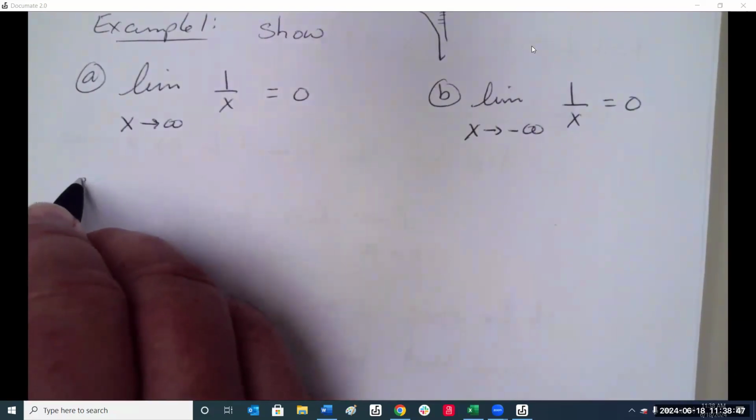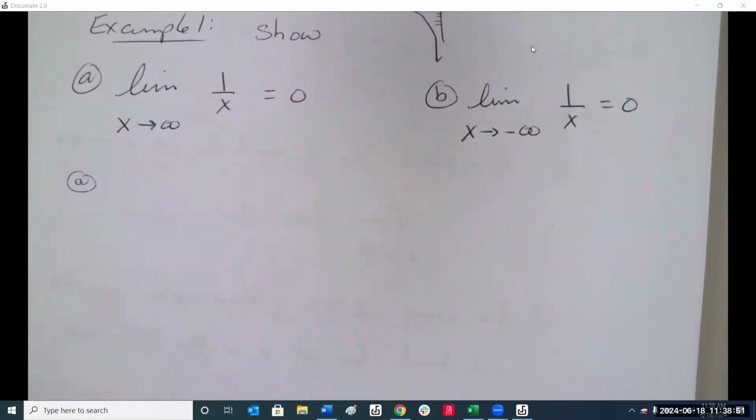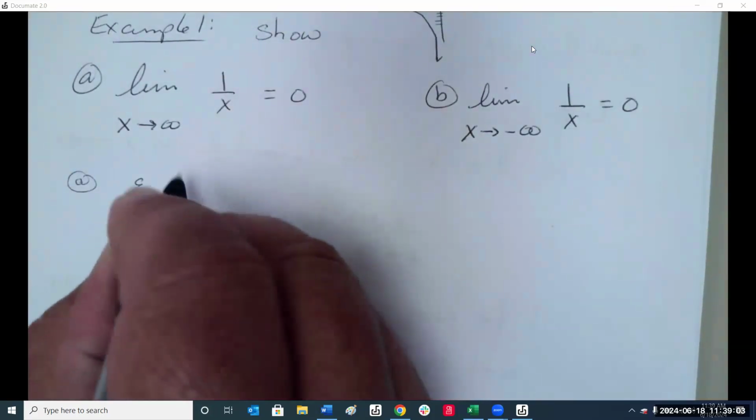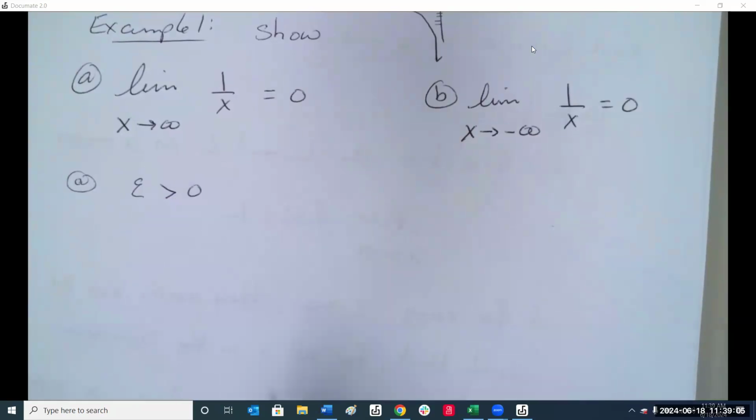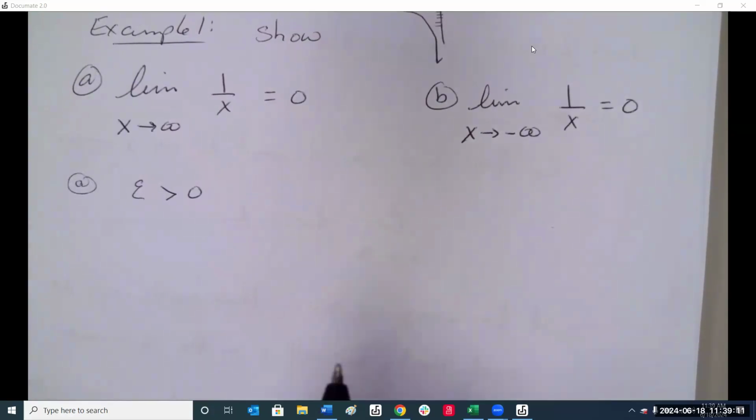So part A. Remember our definitions, we had the M and N. We had to find the M for when x goes to positive infinity and N when x goes to negative infinity. So we're saying that epsilon is greater than 0. That has to be true because it's a distance; we're getting closer to our limit value.